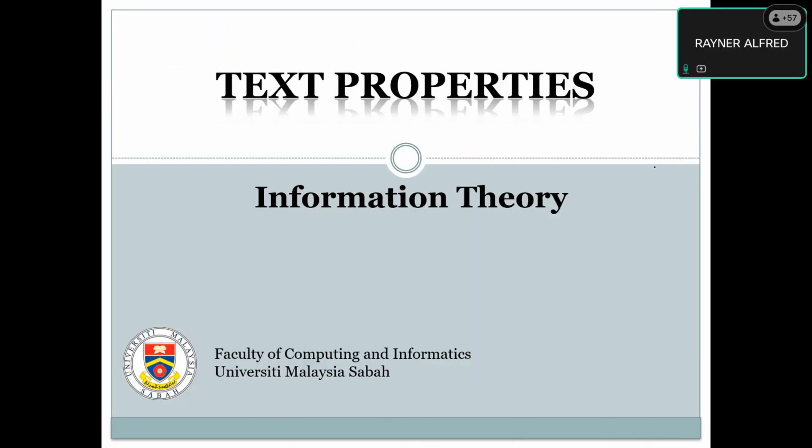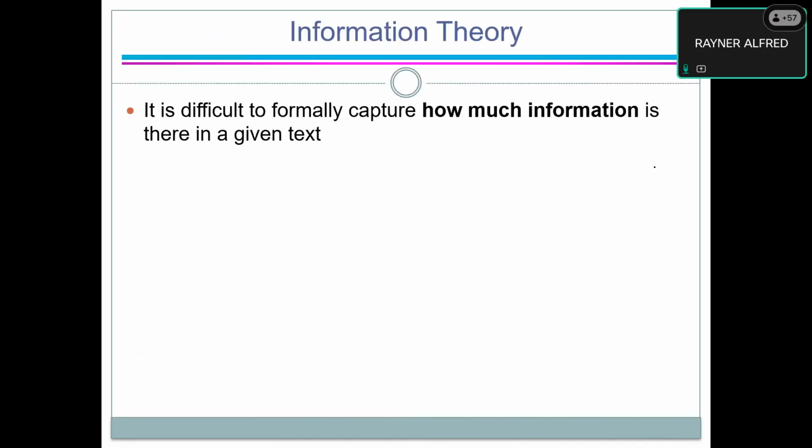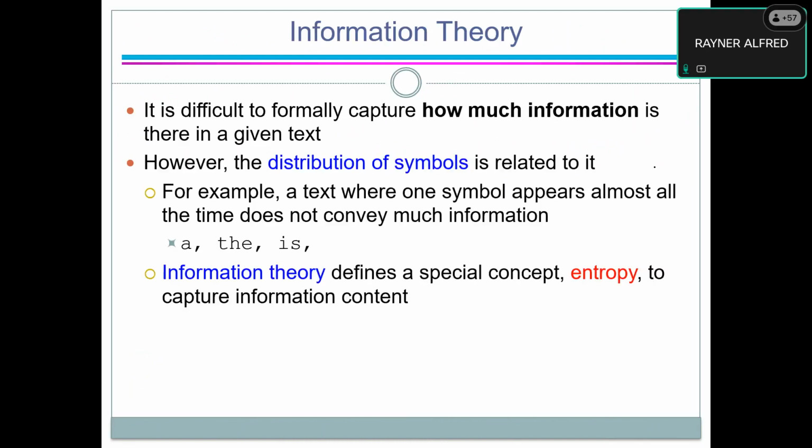Okay, so next we look at the text properties, information theory. What we want to know is how do we determine whether a term is important or not? For example, "the" and "is" are the most frequent terms that we can find in a document.